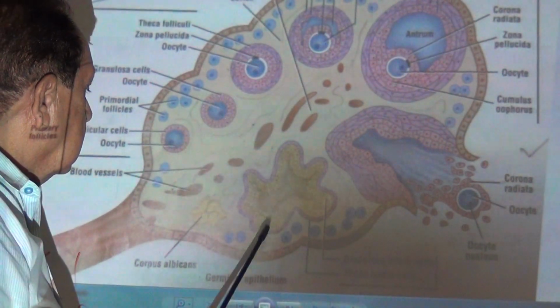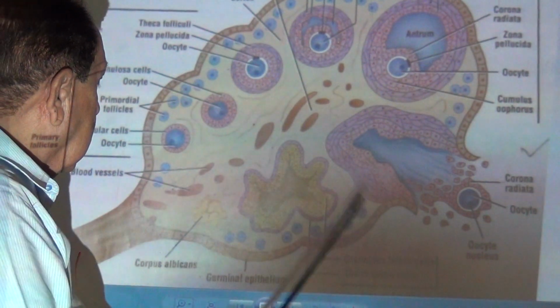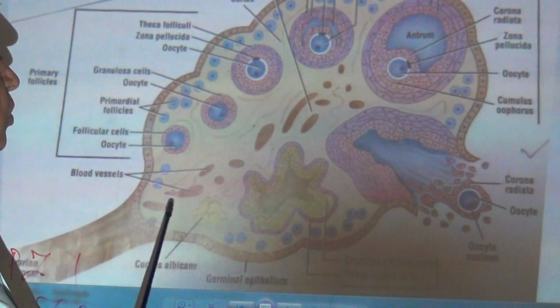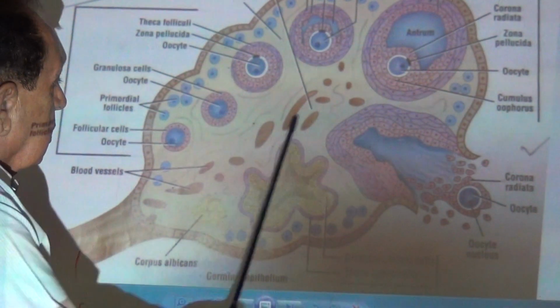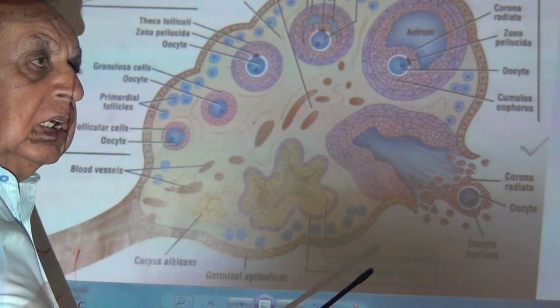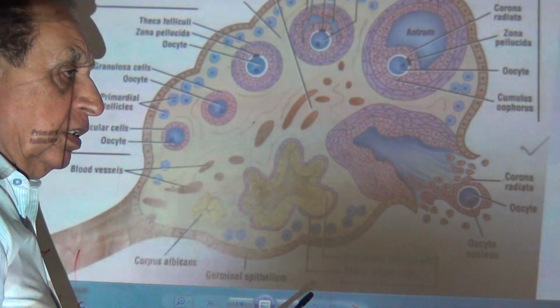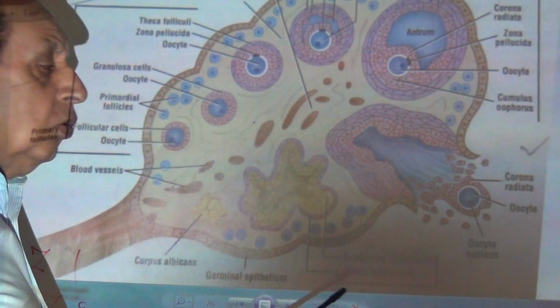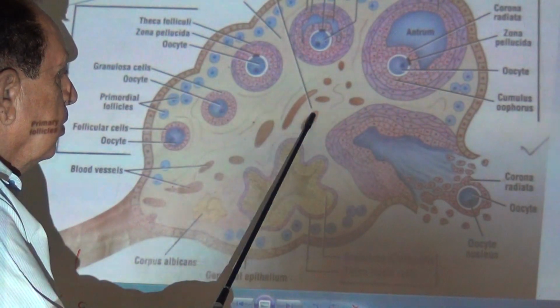So that is about the ovary. Now the central portion is called the medulla. Remember, it has no follicles. No ovarian follicles are present in the medullary region.